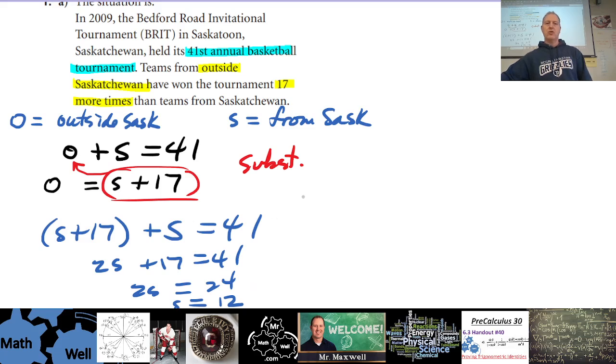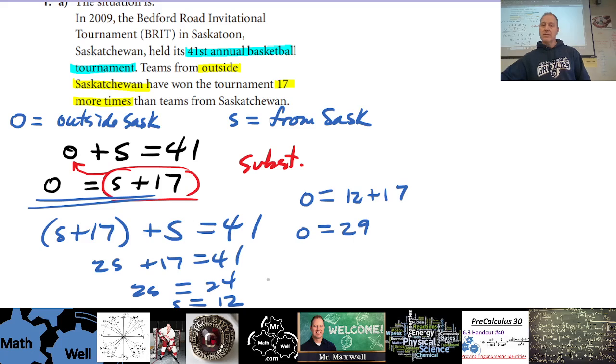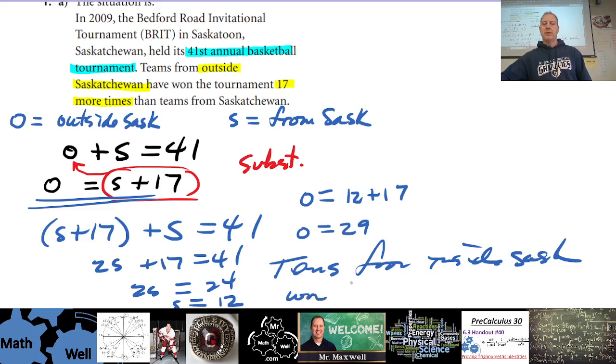Okay, so if S equals 12, let's find out what O is. Well, that's going to be 12 plus 17 from the second equation, right? So O is 29. So you would finish with a word sentence. Teams from inside Sask won 12 times, and teams from outside Sask won 29 times, okay?